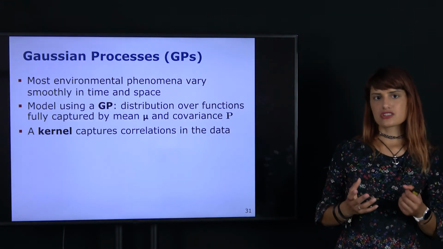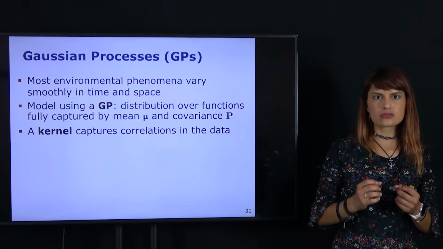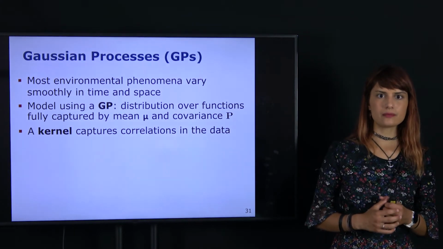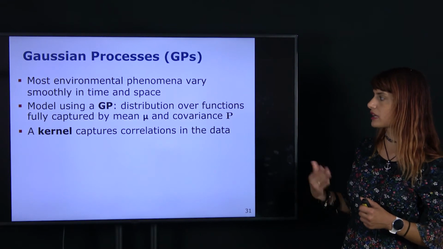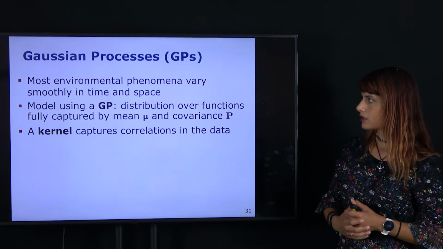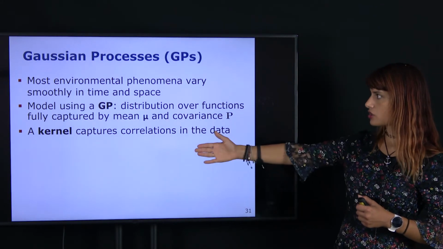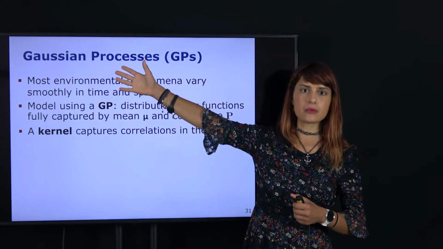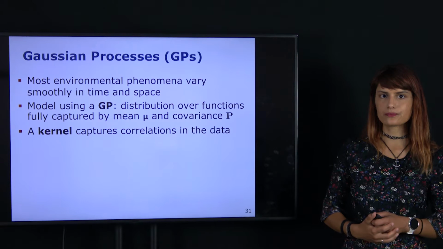A kernel function essentially captures how smooth our data is and how interrelated different data points are within our problem space. This will become clear on the next slide when we look at an example. So essentially, we use this model because the kernel allows us to capture the natural smoothness of many environmental variables that are the subject of informative planning frameworks.